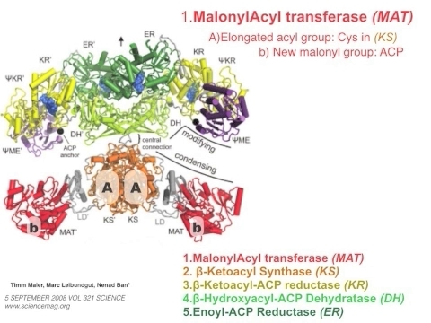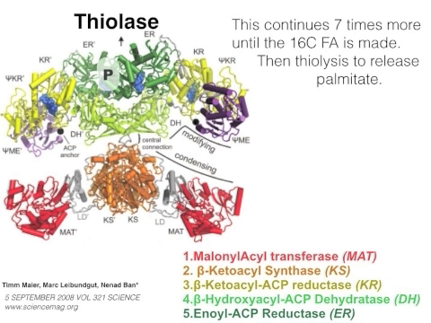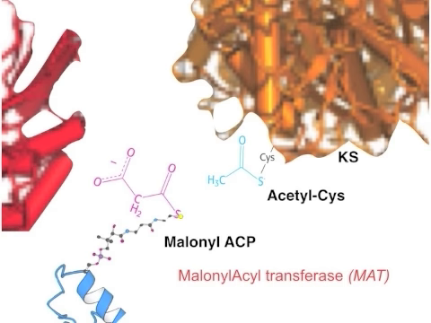And this will go on until we have a 16-carbon fatty acyl group that's attached to the acyl carrier protein. And in order to release this 16-carbon fatty acyl group, we're going to use the thiolase enzyme of fatty acid synthase to release palmitate.